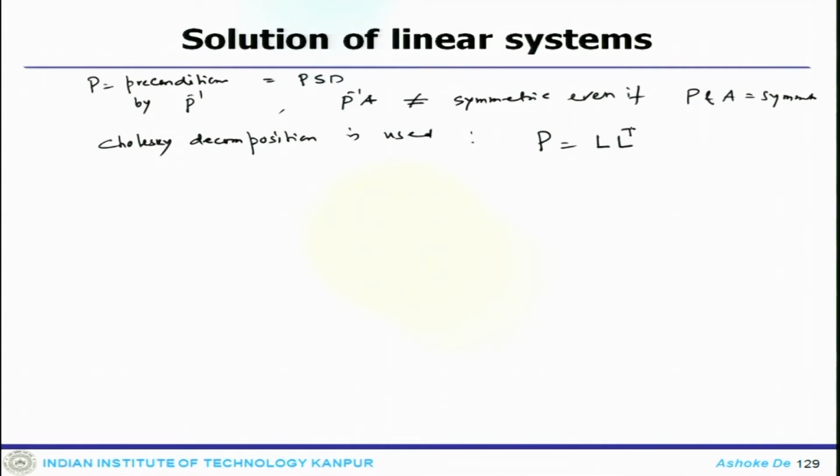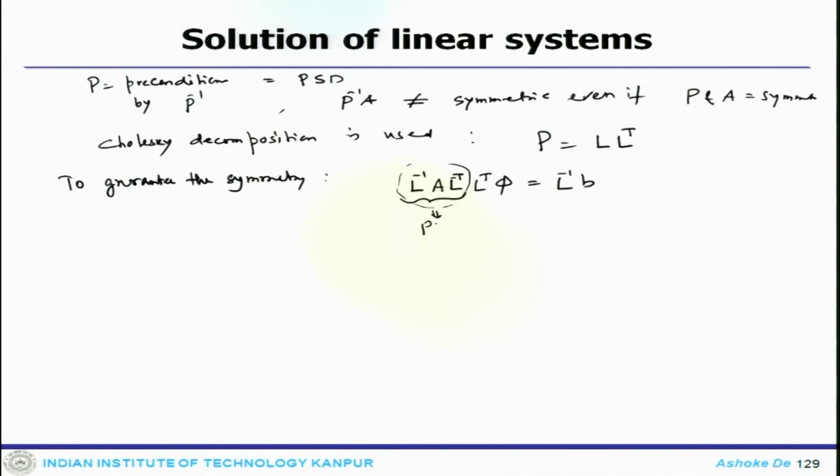To guarantee the symmetry, the system equation can be written as L inverse A L inverse transpose L transpose phi equals L inverse B, where the component L inverse A L inverse transpose is not only symmetric, it is also positive definite.